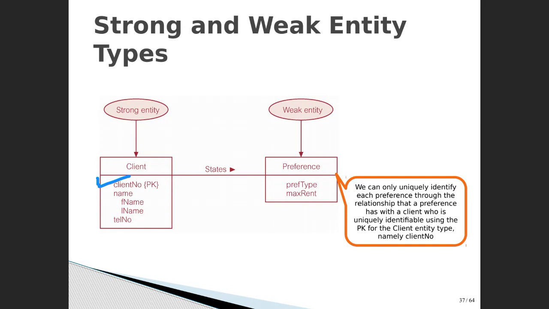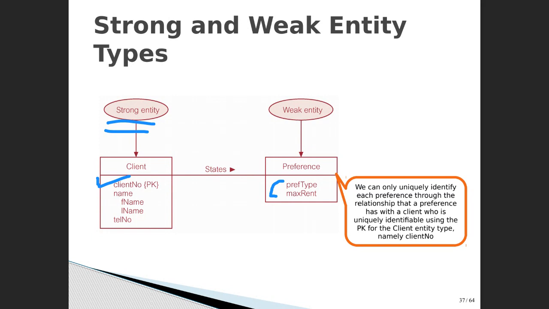Okay, I am selecting. I am the client. I am selecting. For example, I am stating something, and then without me, there will be no preference. This is exactly the meaning of, see here, the meaning of strong. See, it's like parents, and this the preference. It's like the child for that client.